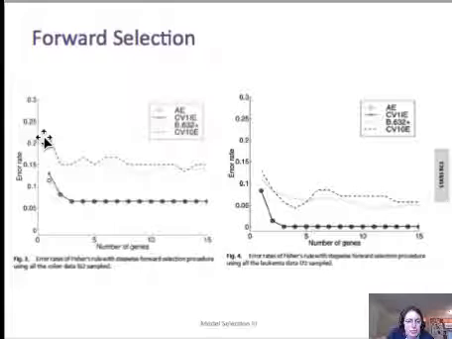So, for forward selection, we see that the training error and the leave one out error that doesn't account for selection bias pretty much track each other exactly for both data sets.